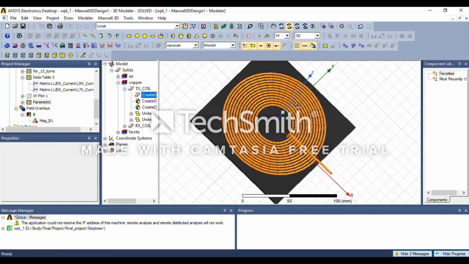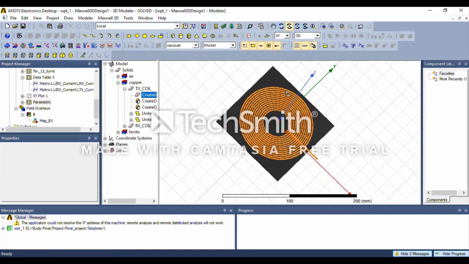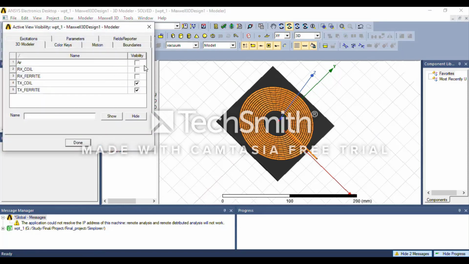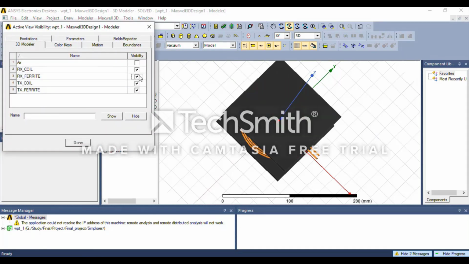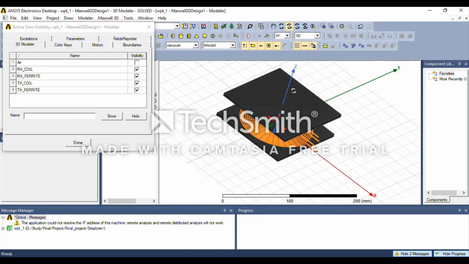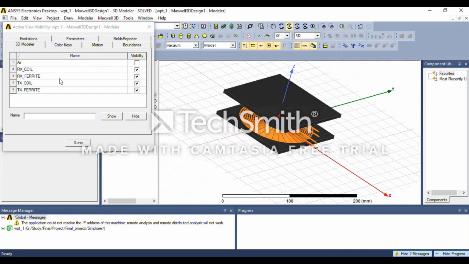Once we got the result for the design of the coil, we replicated this coil into two parts. We replicated the same coil, and named one coil as our transmitter coil, that is, here you can see the TX coil, and we have also provided some ferrite material in contact with this coil so as to boost the inductance value above what it would be simply in air.